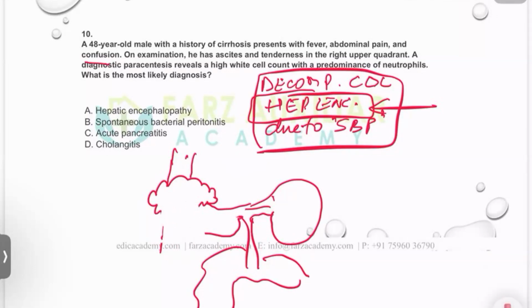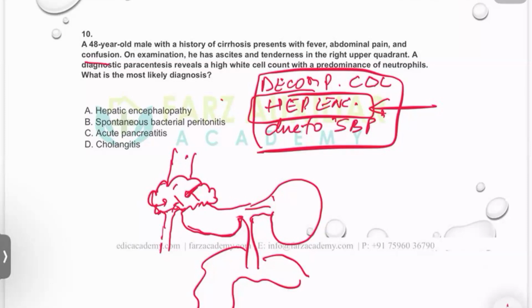Basically, because this liver is gripping the portal vein so hard, because it has become shrunken, the portal vein fills up with blood.